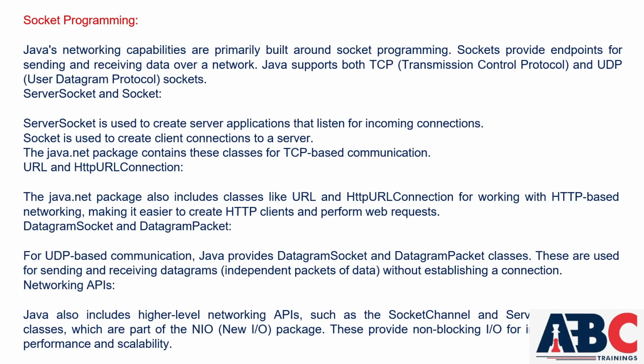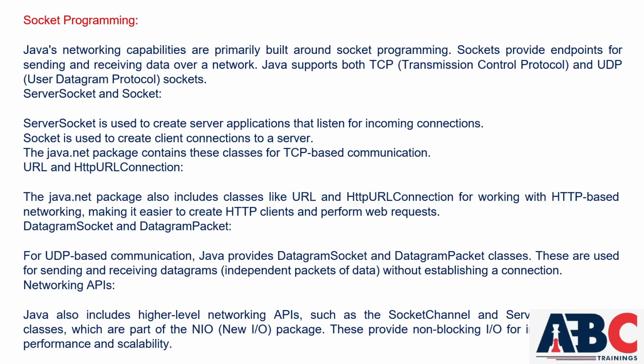Next is URL and HttpURLConnection. The java.net package also includes the URL and HttpURLConnection classes for working with HTTP-based networking, making it easier to create an HTTP client or perform web requests. DatagramSocket and DatagramPacket are for UDP, meaning User Datagram Protocol, which is a connectionless communication. Java provides the DatagramSocket and DatagramPacket classes.